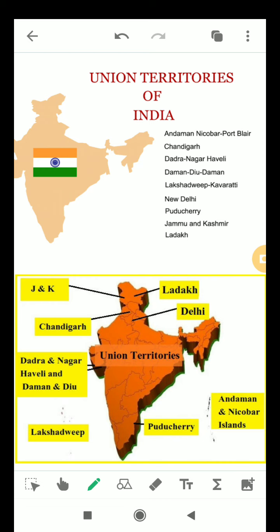The union territories are Andaman and Nicobar, Chandigarh, Dadra Nagar Haveli, Daman Diu, Lakshadweep, New Delhi, Puducherry, Jammu and Kashmir and Ladakh. You can see here in which part of India they are situated.